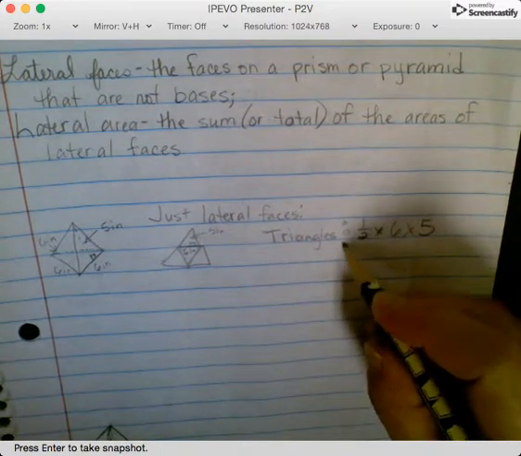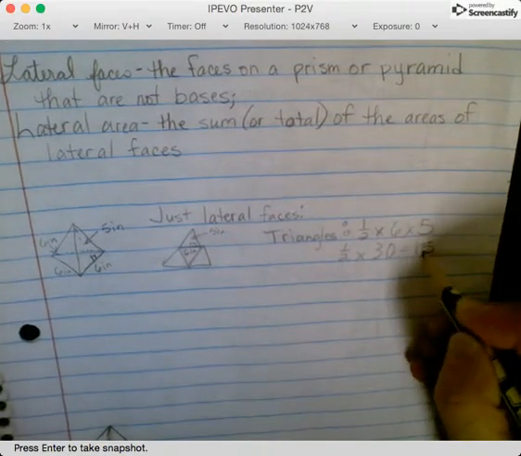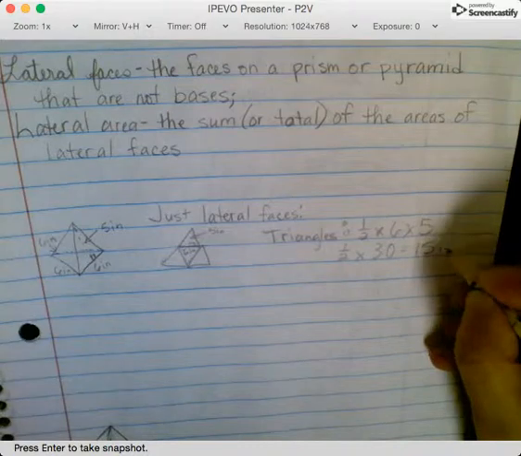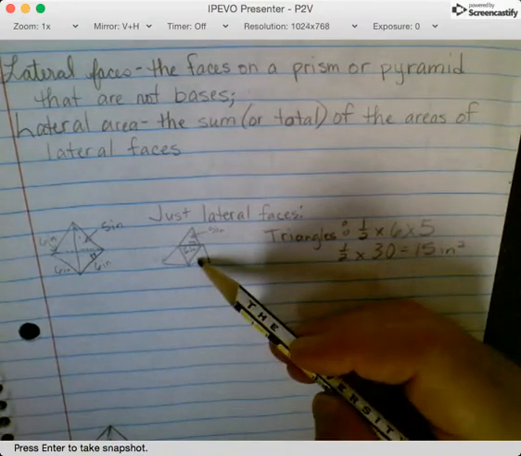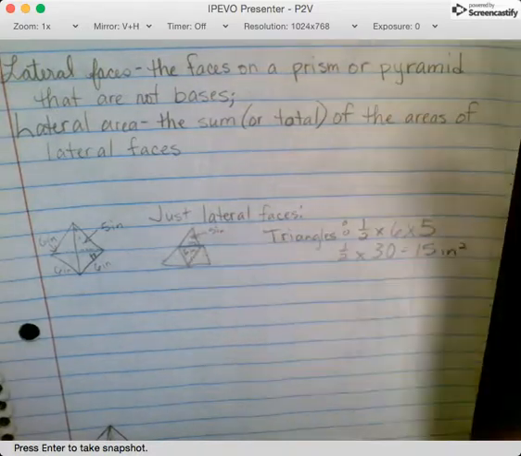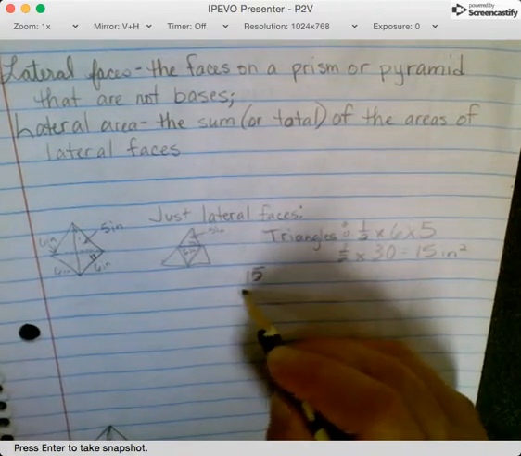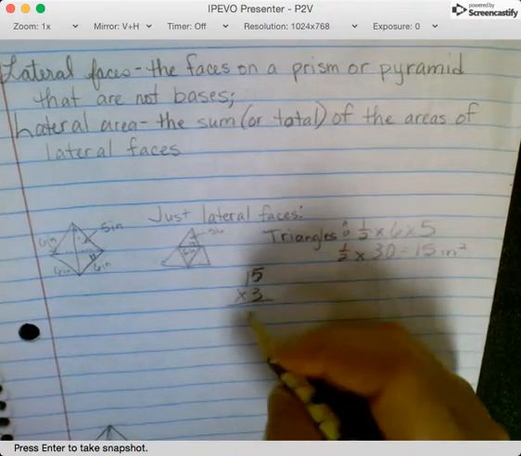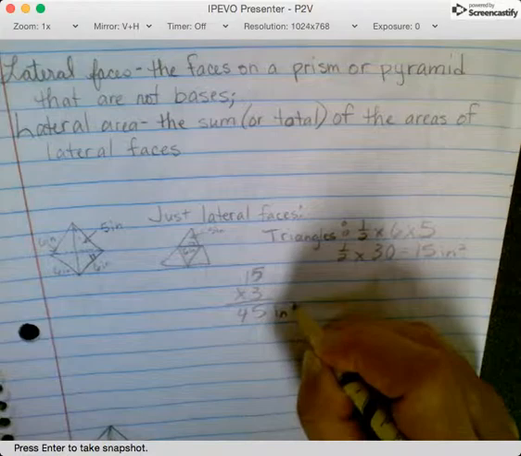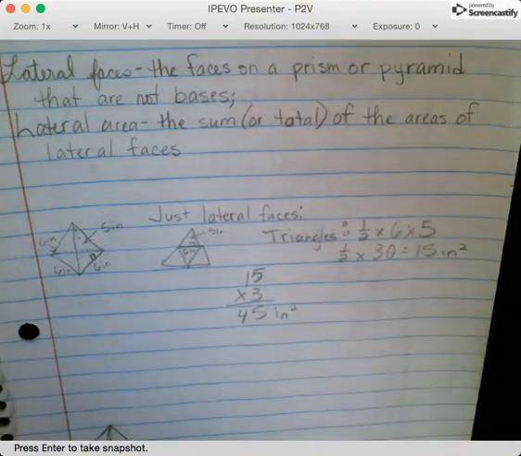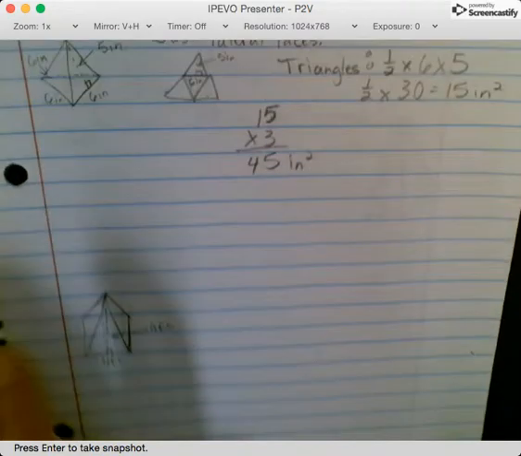Okay, so 1/2 times 30, and that's 15. That would be one triangle. I have 3 of them. I'm not going to worry about the one in the middle. So if I have 3 of them, then I just do 15 times 3, and that gives me 45 inches squared. Okay, so that's what you do if you're just finding the lateral faces.